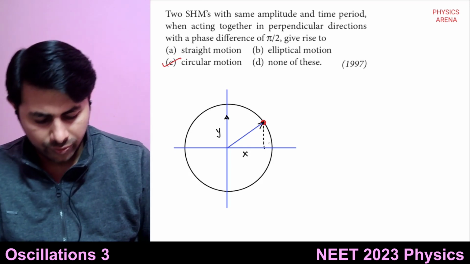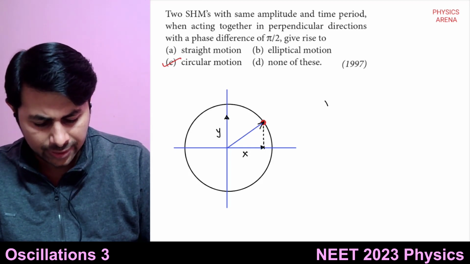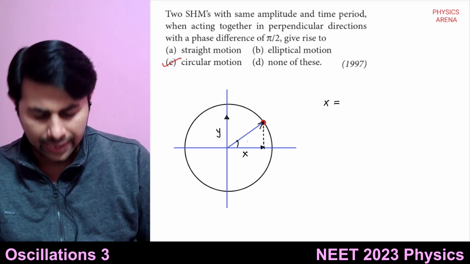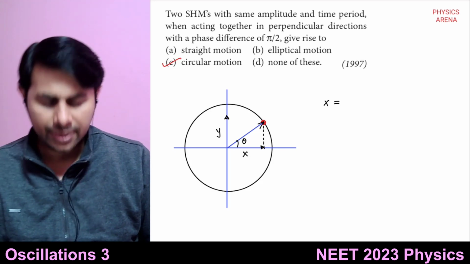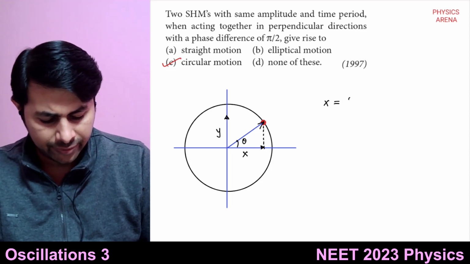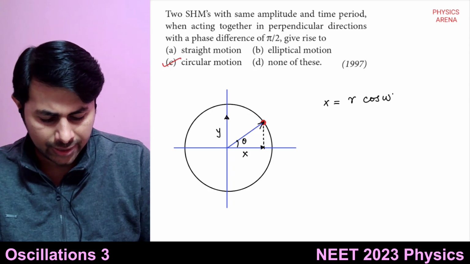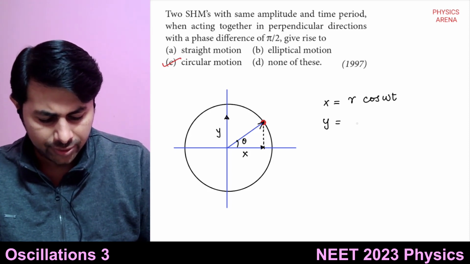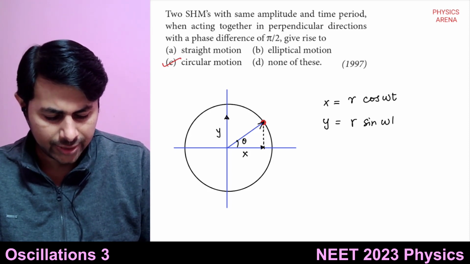We had discussed that this angle is suppose theta, that's omega t. So x is equal to r cos of omega t, and y is equal to r sine omega t.